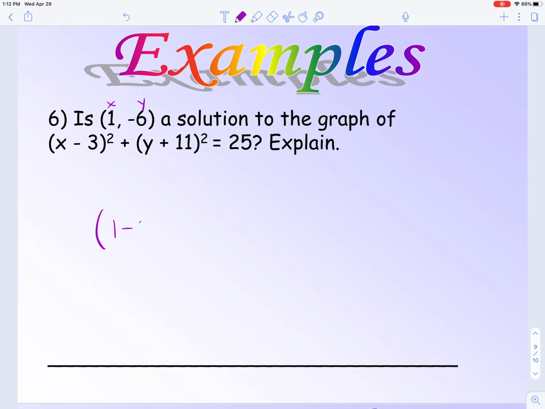So 1 minus 3 squared plus negative 6 plus 11 squared, does that equal 25?